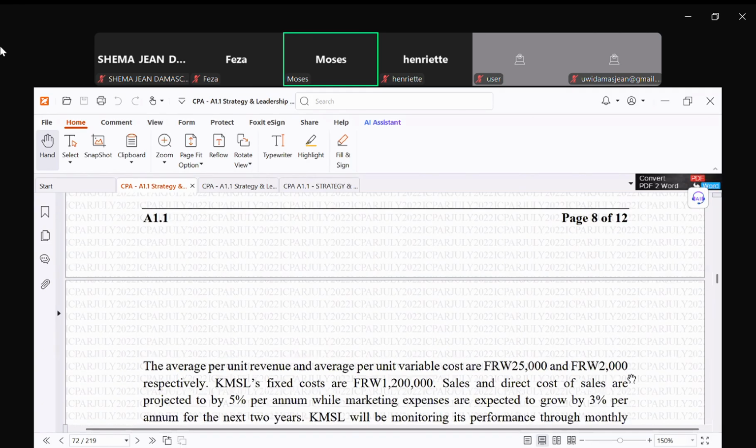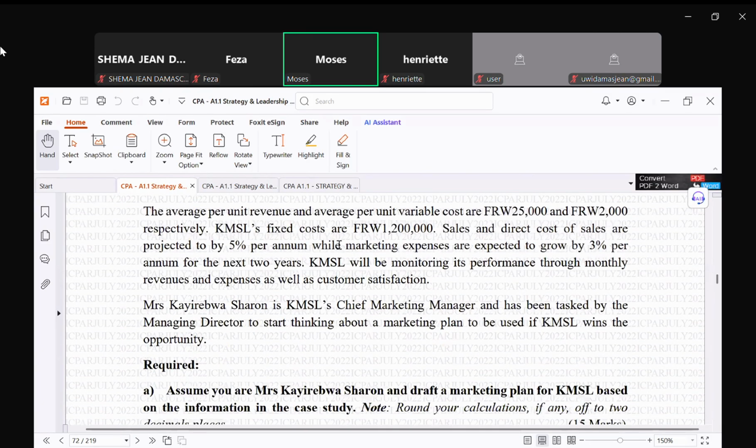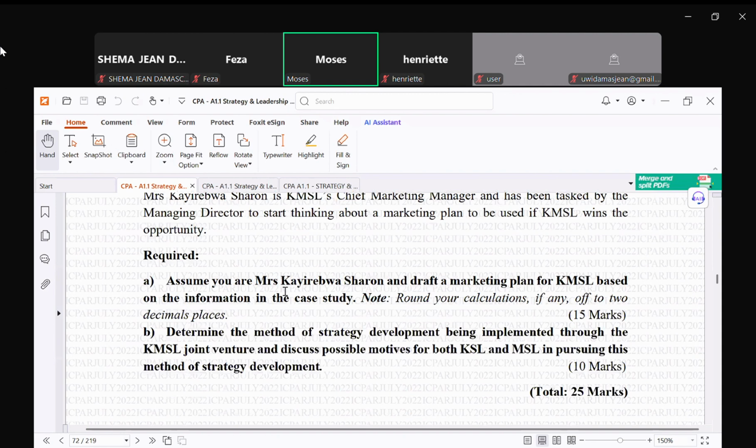You see, it has average unit price for revenue and variable cost and fixed costs. And then they said, assume you are Mrs. Kairebga Sharon and draft a marketing plan for the company based on the information in the case study. And then they said, note, round your calculations, if any, off to two decimal places.